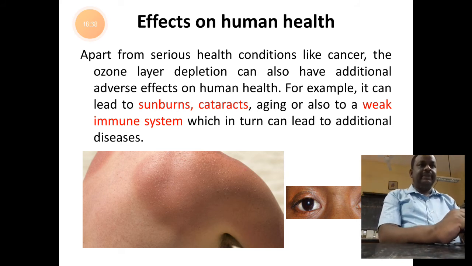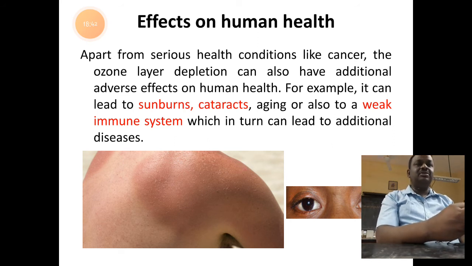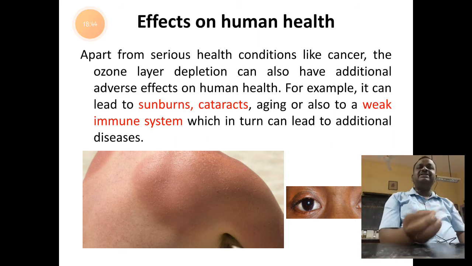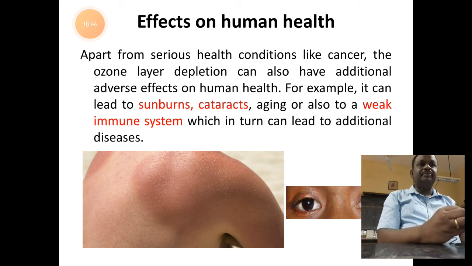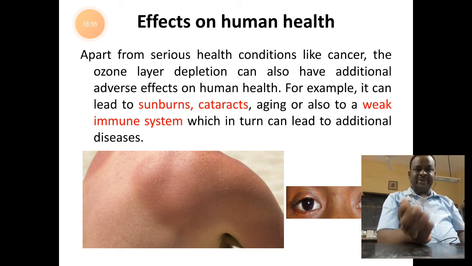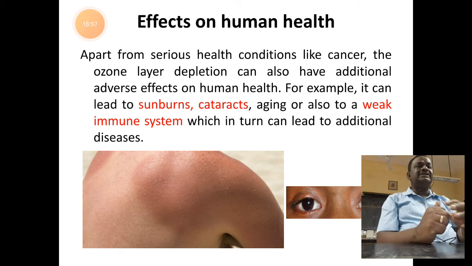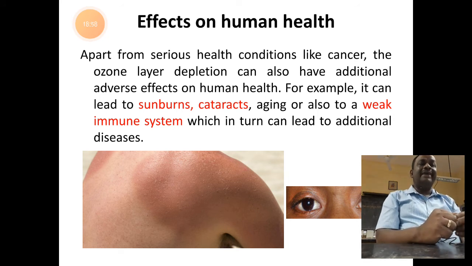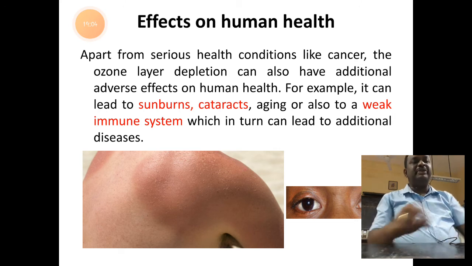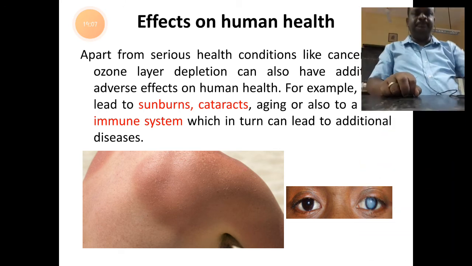Then next is ozone layer depletion not only causes different skin cancer types but also causes conditions of ill health like sunburns, that is reddening of the skin, then cataracts in eyes, weakening of immune system, and inducing respiratory difficulties.